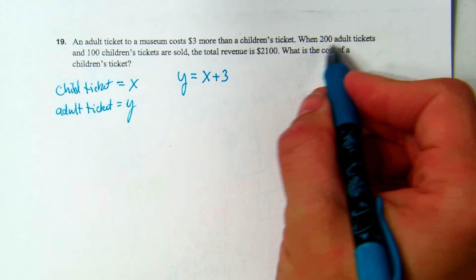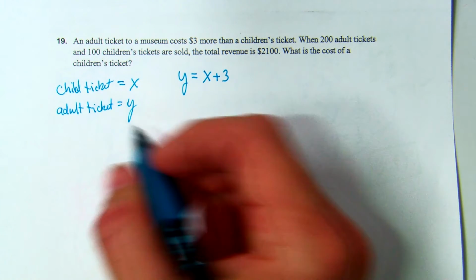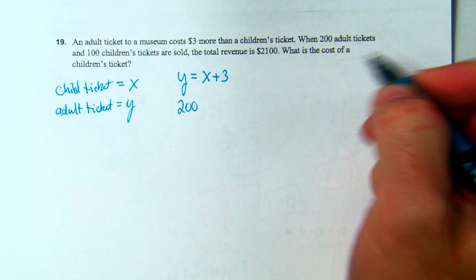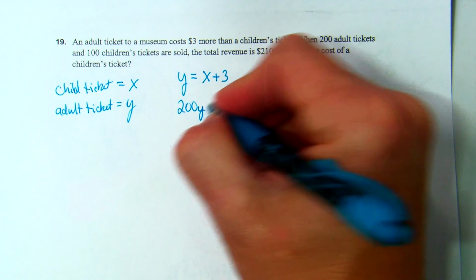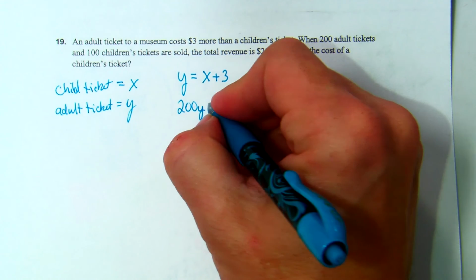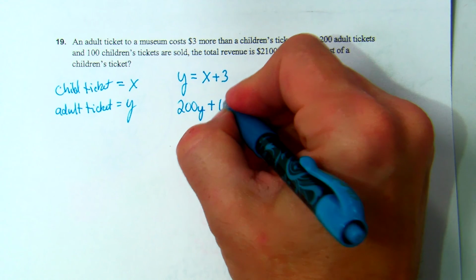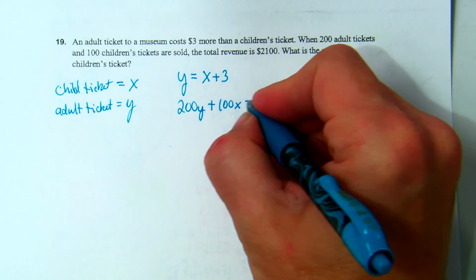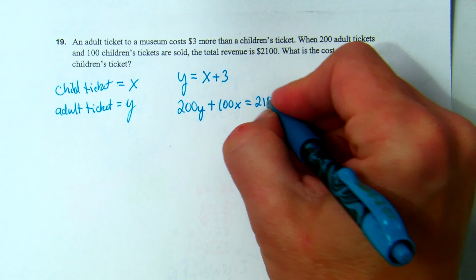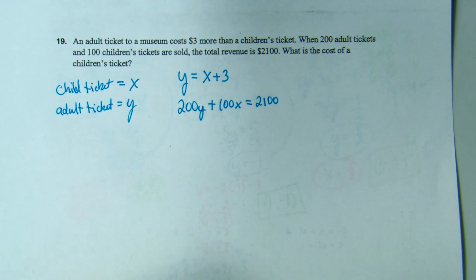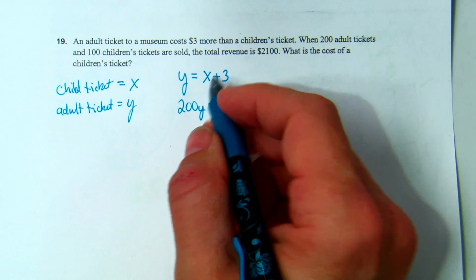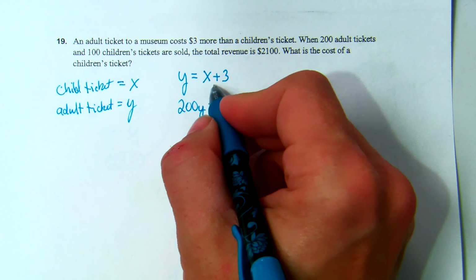Now when I'm dealing with the number of tickets being sold and the total revenue, 200 times the adult tickets, so 200y, plus 100 times the child's tickets should equal $2,100.